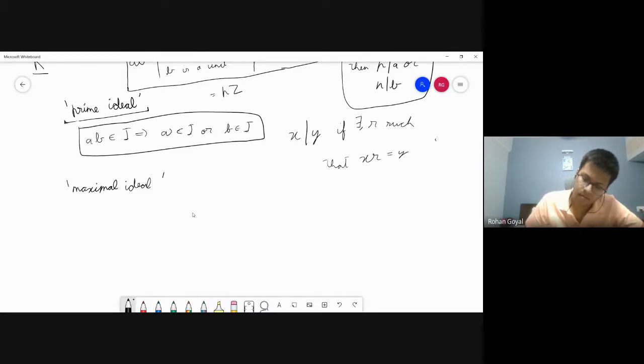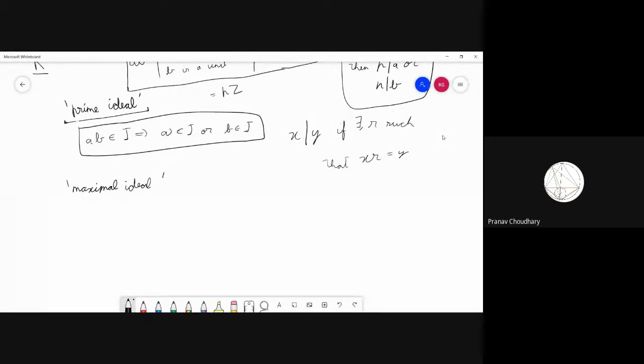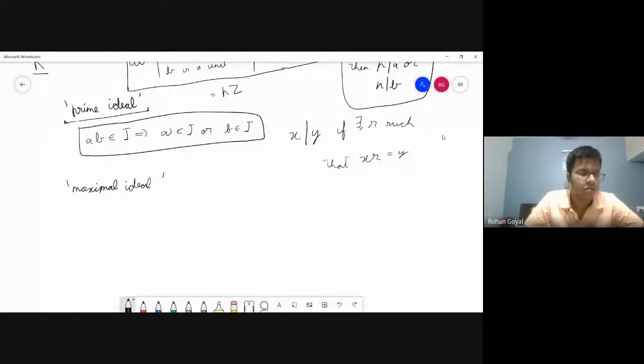The ring itself. No, but you want to have a more general concept. If you're just going to call it the ring itself, why would I define a maximal ideal? I don't want it to be the ring itself.